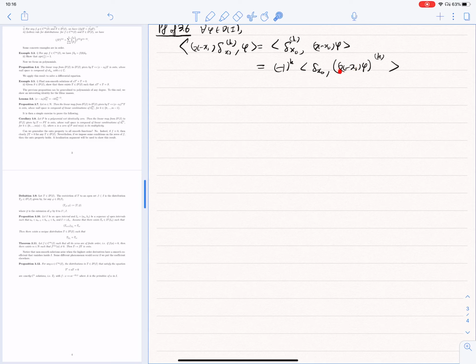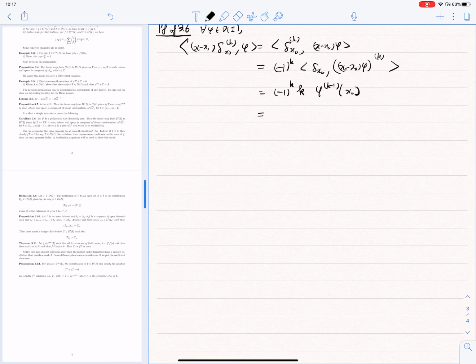Or if we don't take a derivative at all for this linear function, then when we apply the Dirac mass, we're going to have 0 as well because this factor remains, right? So the only term that does not vanish is the one when we differentiate one time the linear function, so that this becomes a 1, and k minus 1 times the test function phi. In that case, we have a coefficient k choose 1, which is k, and we're going to have phi k minus 1 at x naught as a result.